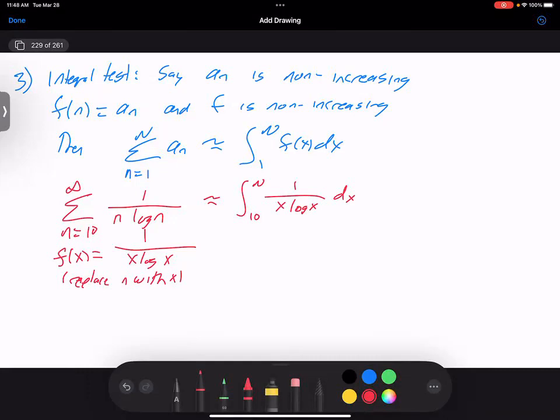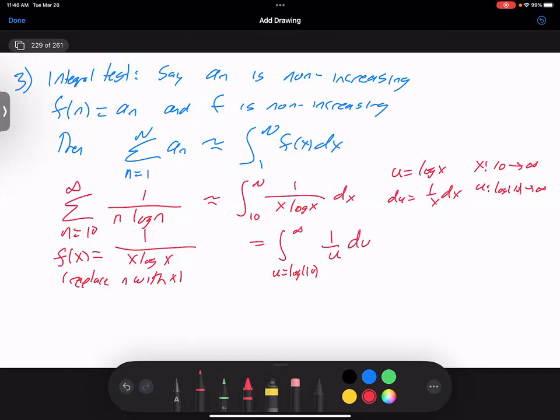So in the interest of time, I'm going to use some divine inspiration. I'm going to do a u substitution. I'm going to let u equal the natural log of x. So what would du be? It would be 1 over x dx. As x goes from 10 to infinity, u is going to go from the natural log of 10 to infinity. And so this integral becomes u goes from the natural log of 10 to infinity. Now 1 over log of x becomes 1 over u. 1 over x dx becomes du.